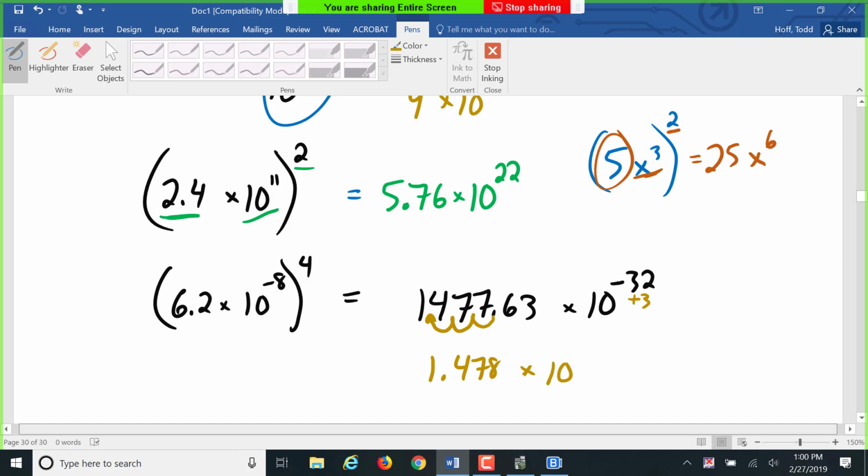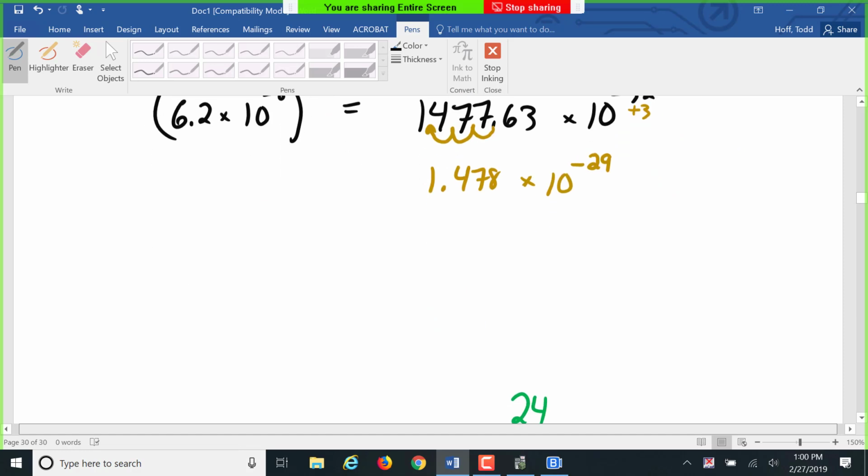So negative 32 plus 3 is 10 to the negative 29. Any questions there?